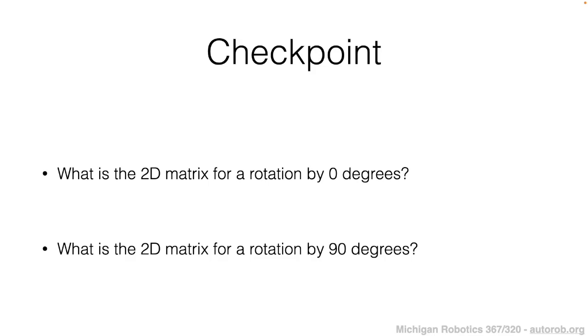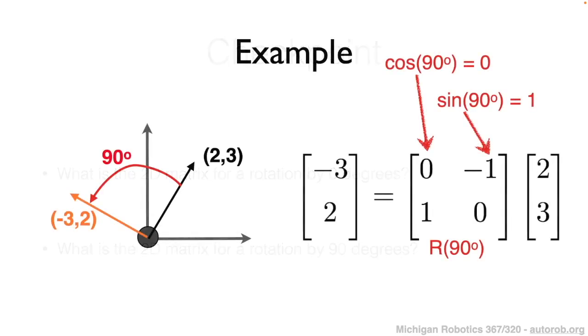Well, this one you can similarly calculate by plugging in 90 degrees to those functions, and you should have a matrix that looks something like the one shown in this particular equation, where this is applying that rotation of 90 degrees as a matrix multiply, as we described in the past set of slides.